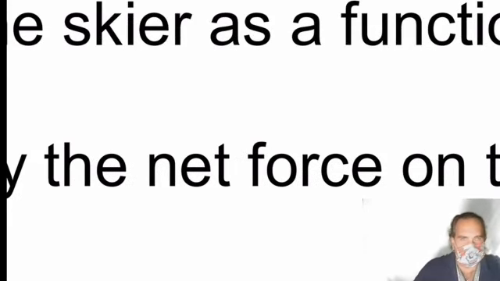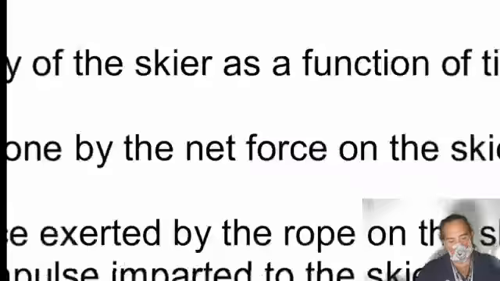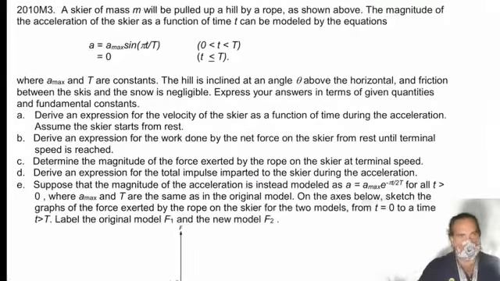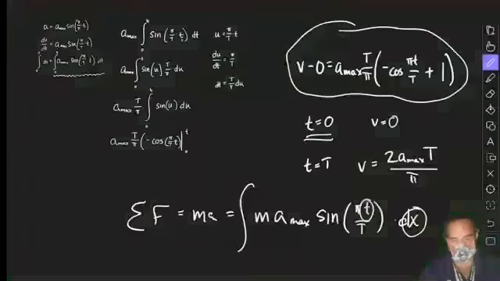See, this is why we have to be able to kind of get away from that anxiety and focus on what they really want. And what they really want is the net work done. The work done by a net force is the net work, which means what they really wanted here was answer to question B.